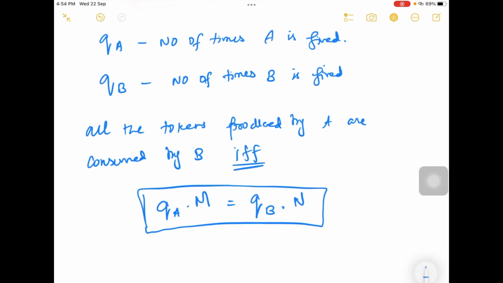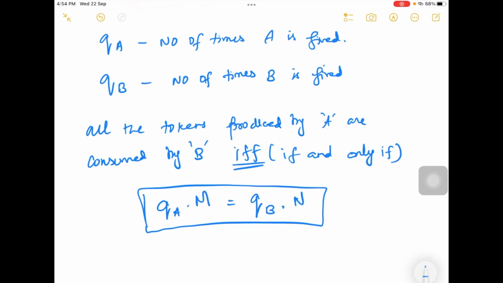Here M is the number of tokens generated at A, N is the number of tokens consumed at B when B is fired, QA is the number of times actor A is fired, and QB is the number of times actor B is fired. This condition should be satisfied when both are executed.